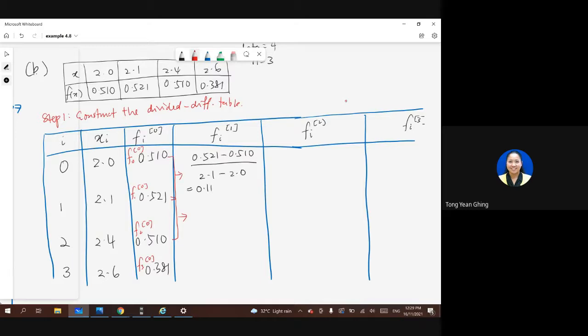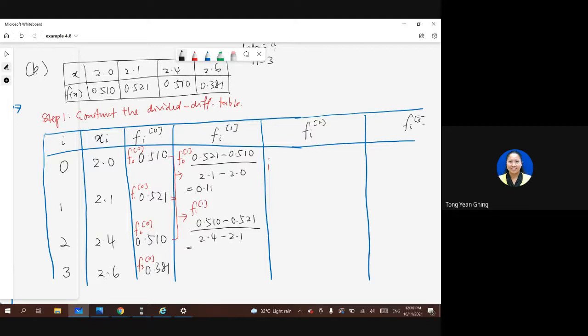So this is F0, first divided difference. And then this one is F1, first divided difference. So this one is 0.510 minus 0.521 divided by 2.4 minus 2.1.